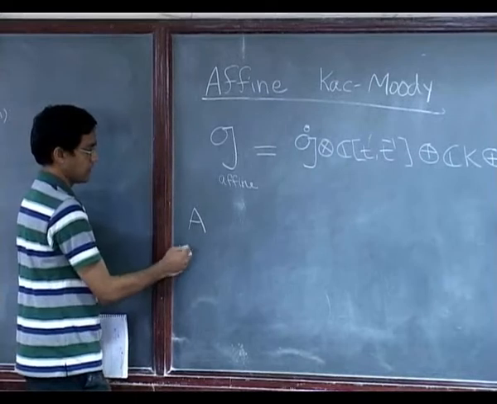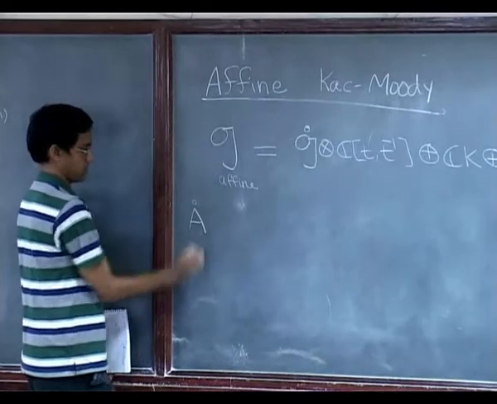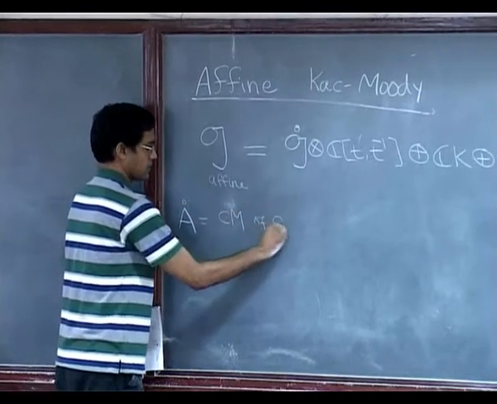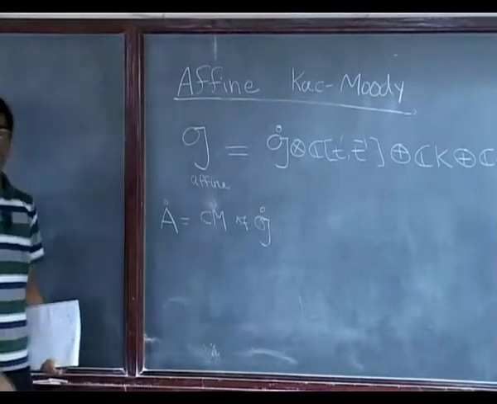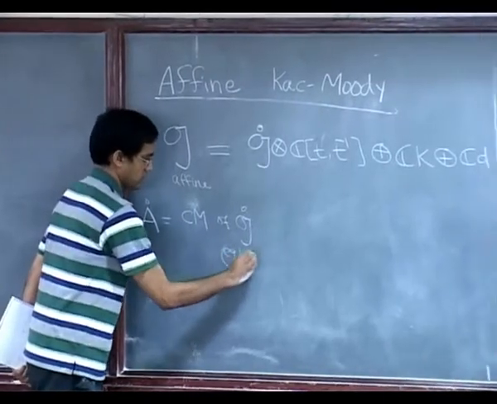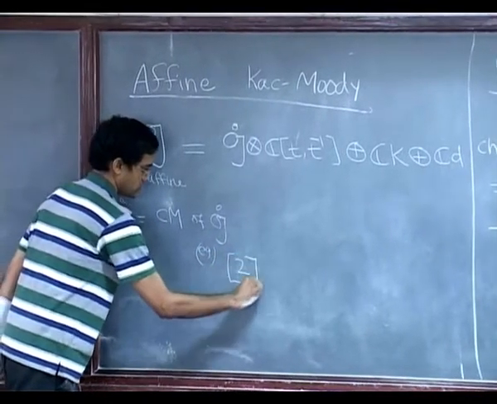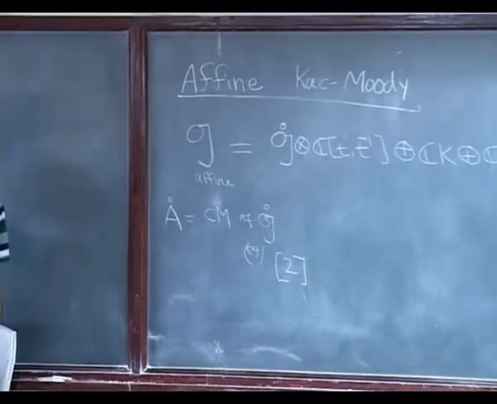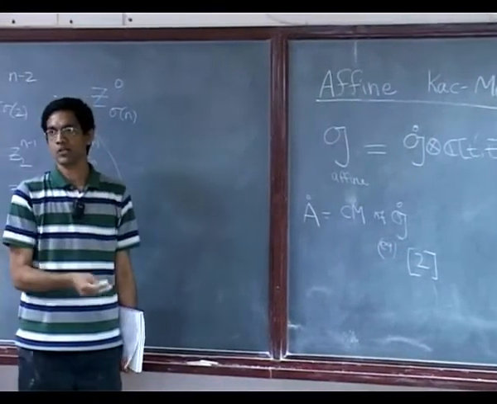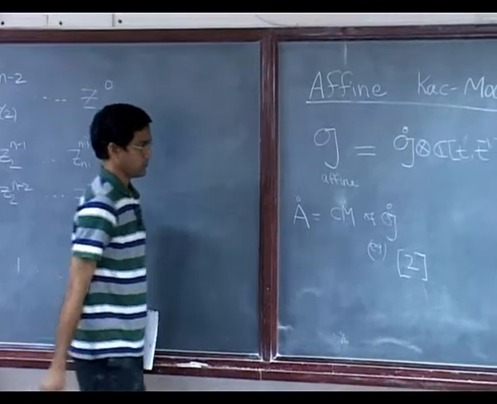So, for example, suppose A naught is the Cartan matrix of the finite dimensional Lie algebra, for example, the simplest Cartan matrix for SL2, right? It's just a 1 cross 1 matrix, which is just 2.